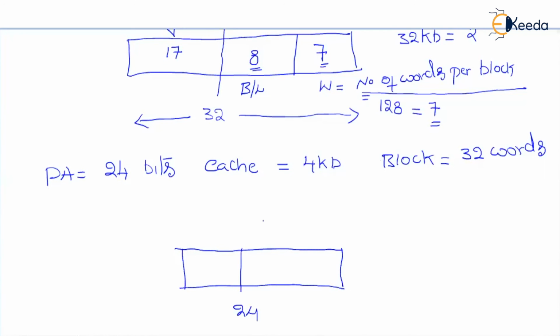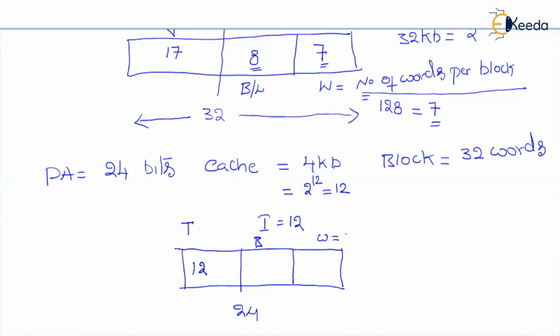In which, what is index? Index is equal to the number of bits required to address the cache. 4 KB is equal to 2 power 12, so that requires 12 bits. Index is equal to 12. And physical address is equal to 24 bits, meaning tag is also equal to 12. Now index must be subdivided into word field and block field. The word field will represent the number of bits required to address the size of the block.